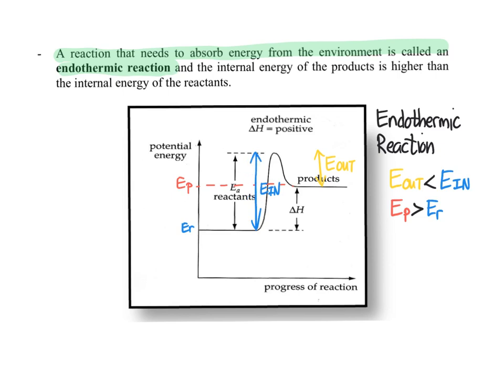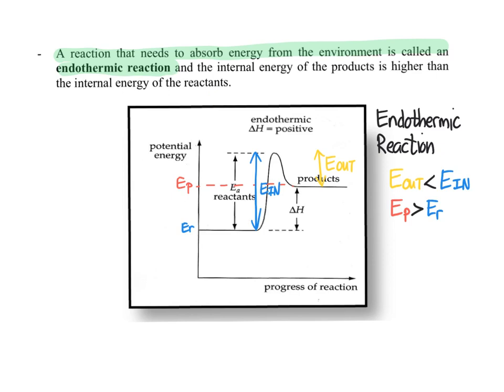This results in the energy of the products being greater than the energy of the reactants. And the word endo means internal, taken inside.